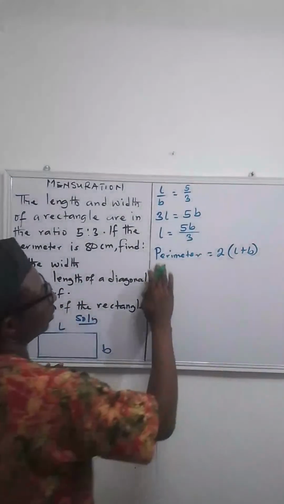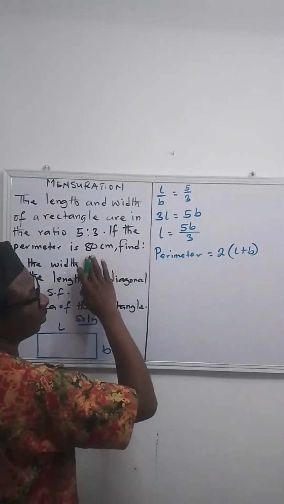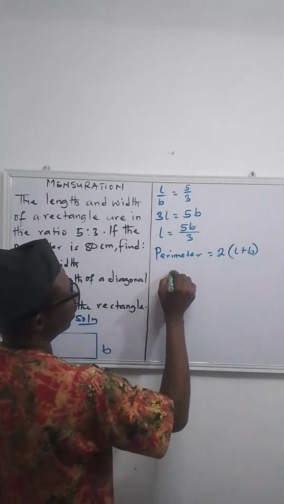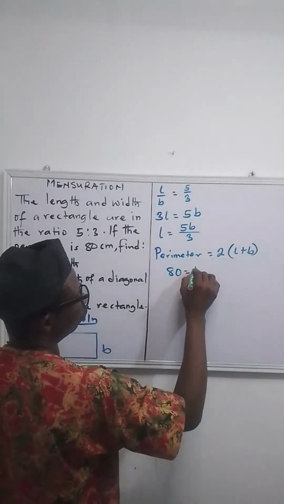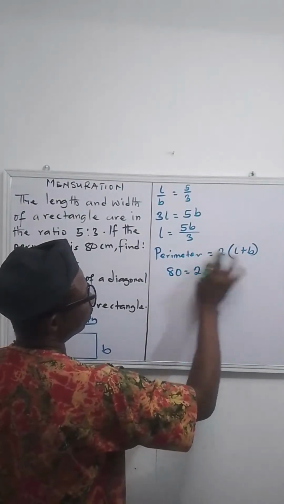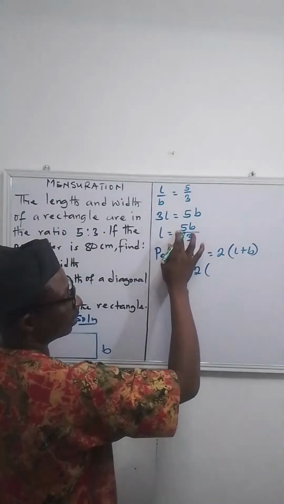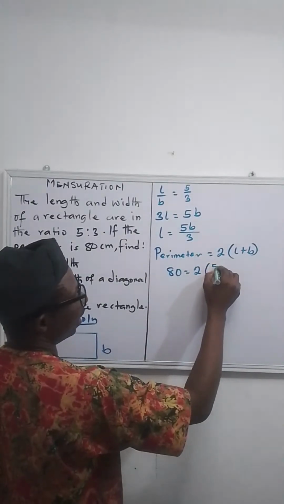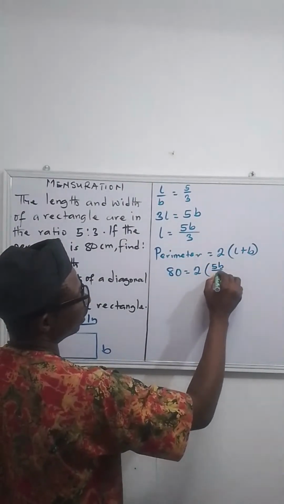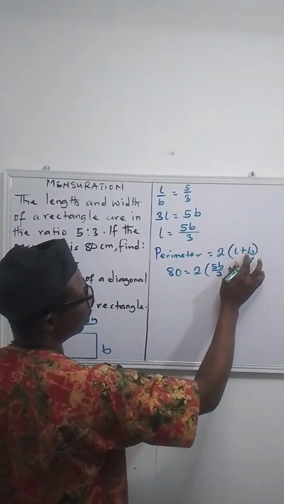Now the perimeter is 80, so let's plug in the value. We have 80 equals 2 times, the length you have gotten, that is 5B over 3, plus the breadth.